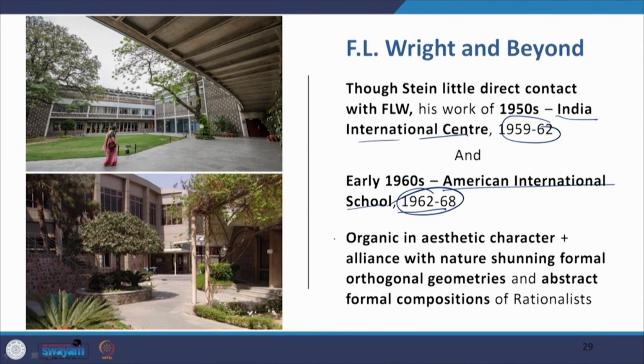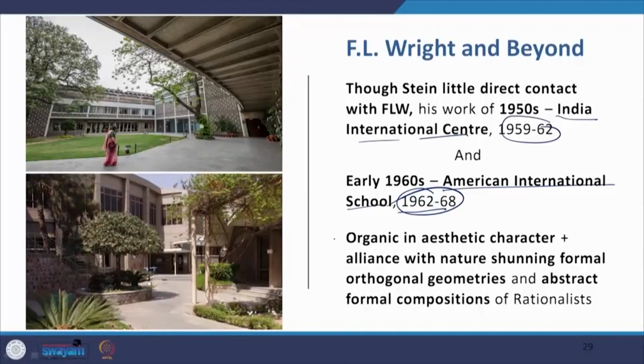There is an alliance with nature, and at the same time shunning the formal orthogonal geometries of modernist architecture. They are there, we will see that in IIC, but he breaks that orthogonal geometry, and he also does away with the abstract formal compositions of rationalists.